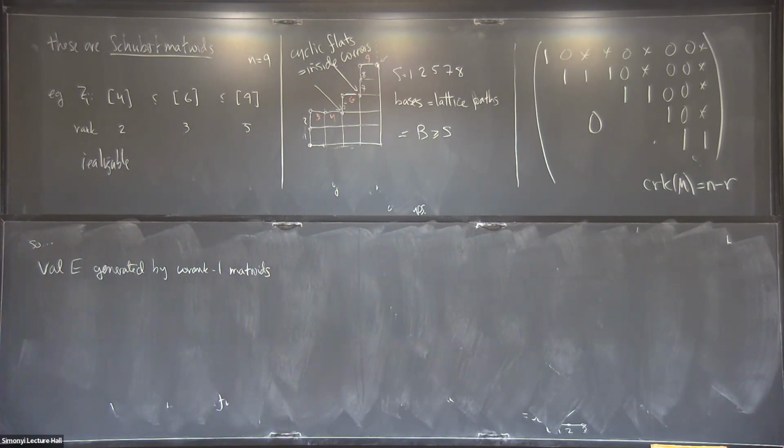So just for example, what this invites you to consider is that since those Chow rings are generated by divisor classes, which you can write down pretty explicitly, this valuative ring must be generated by classes of co-rank 1 matroids. And you can write those down too, pretty explicitly.